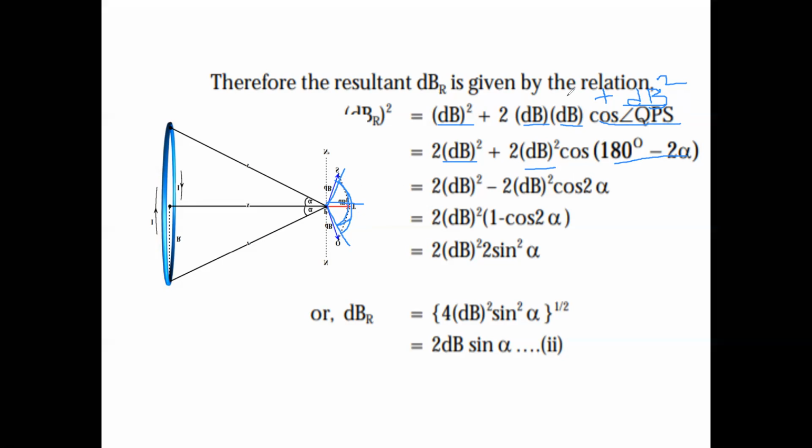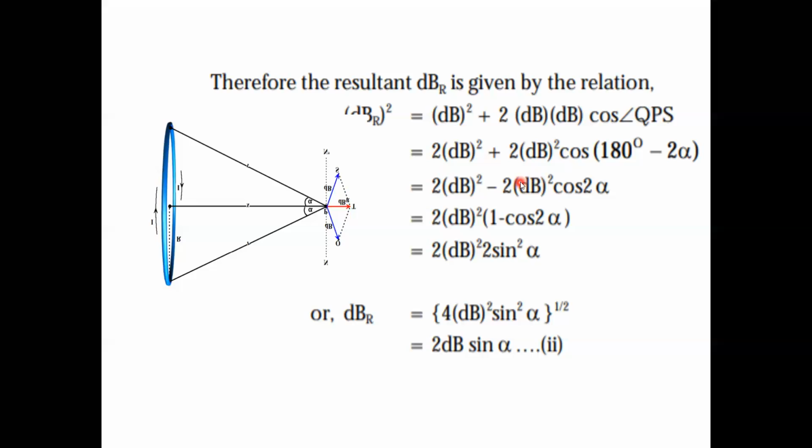According to trigonometry, cos of 180 minus 2 alpha is minus cos 2 alpha. So here the first term consists of 2 dB whole square, and here also a 2 dB whole square.